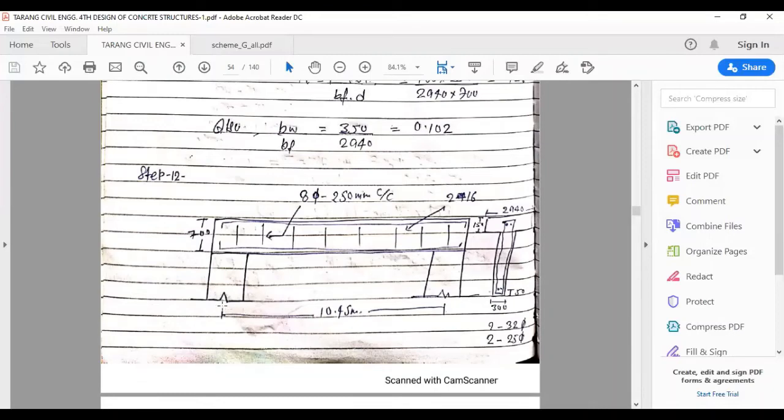This is 10.45 meter, which was taken as capital L, or the total effective span. This upper steel, the value is 2416 mm square.